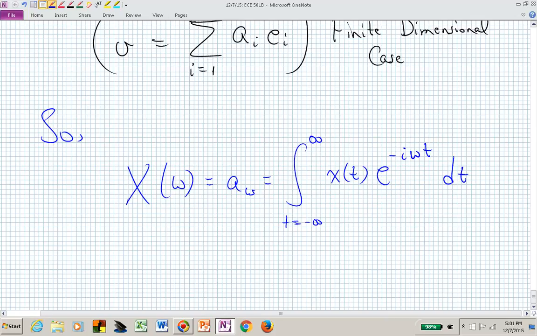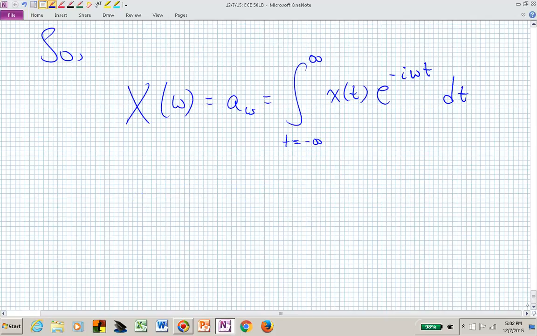You're saying, how does this x of t function align with this cosine and sine at the frequency omega? That's really what this is. This is like an inner product, and we're now saying for each omega, how does x align with that frequency of sine and cosine? That's all being communicated through this integral, giving us this capital X of omega.